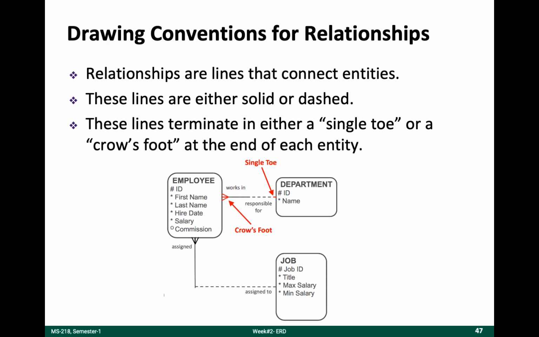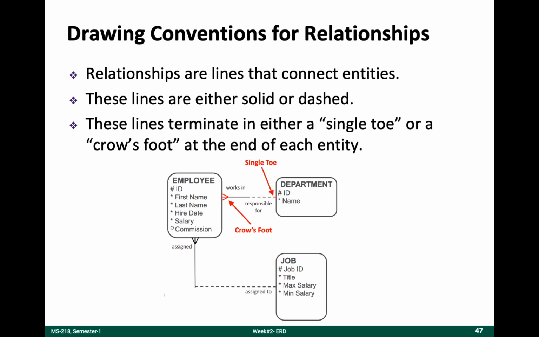So can anyone read this relationship between employee and job just like a sentence? Who will read? It's COVID, otherwise I could throw candies to a person who would answer correctly, but even just answering is fine. Correct is not needed, but just speak.